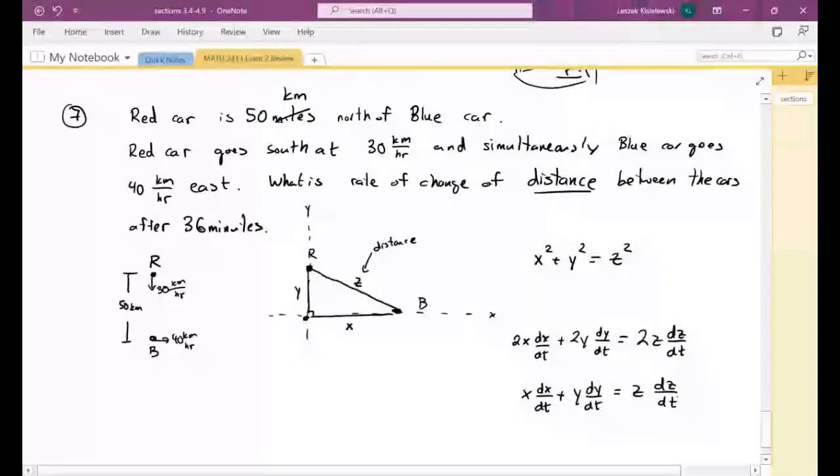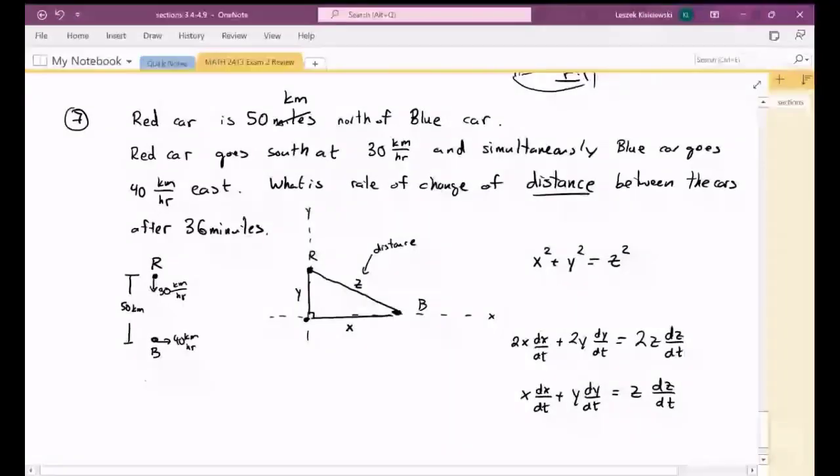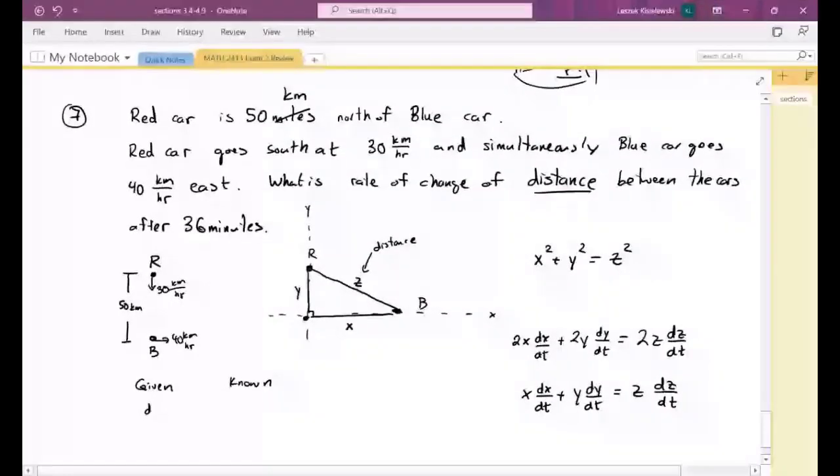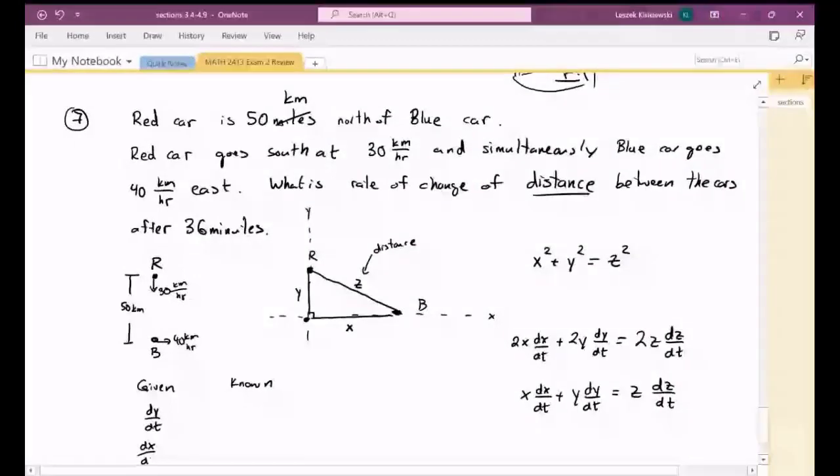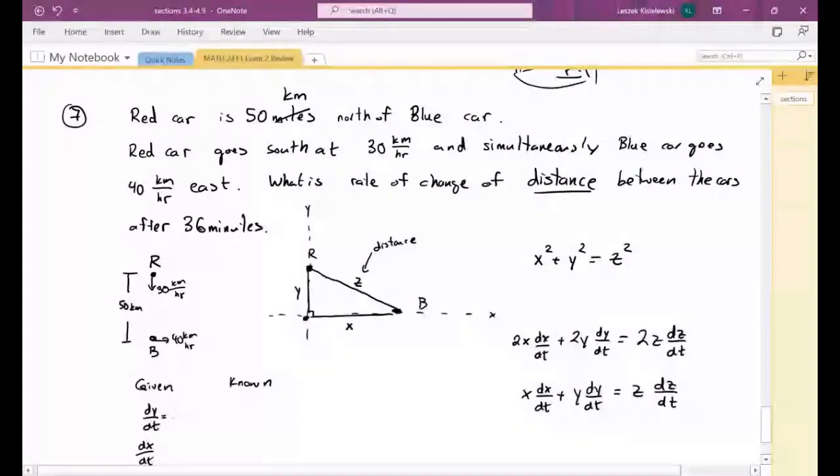Okay, awesome. So what is known? What is given? Well, what's given is dy/dt and dx/dt. And again, be careful with the sign over here. What's dy/dt? What's the rate of change of the red car with respect to the origin, right?